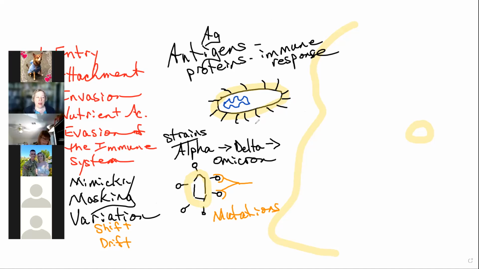Oh yes, Michelle. I want to go back to what you said about transcription and translation in the variation. So when it gets in and it drops the flagella and gets the fimbriae, that's part of what's going on in transcription and translation, right?